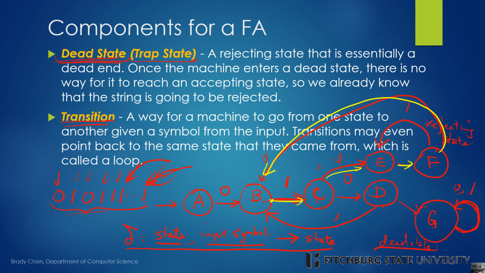Based on the value, which is 1, and the current state, which is F, we're going to move back to B. So the state F combined with the input symbol 1 takes us back to the state B. It can move back, and that's called a loop.